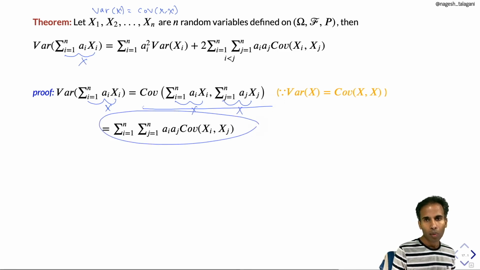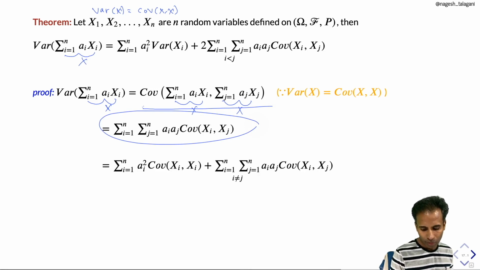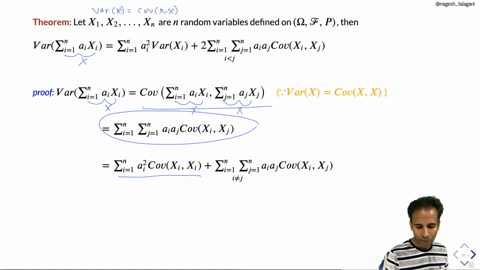Now let me separate the i equal to j terms in this double summation like this. These are the i equal to j terms: summation i equal to 1 to n ai square covariance of xi comma xi. These are the i not equal to j terms: double summation ai aj covariance of xi xj.